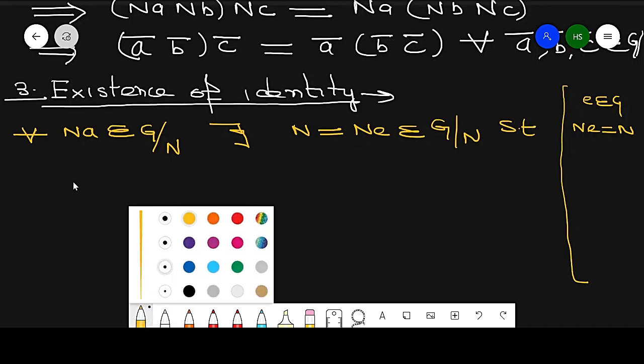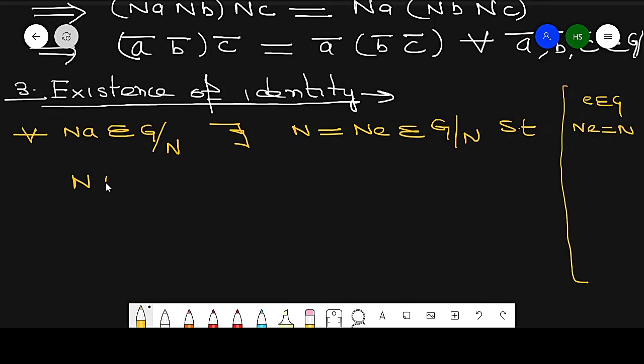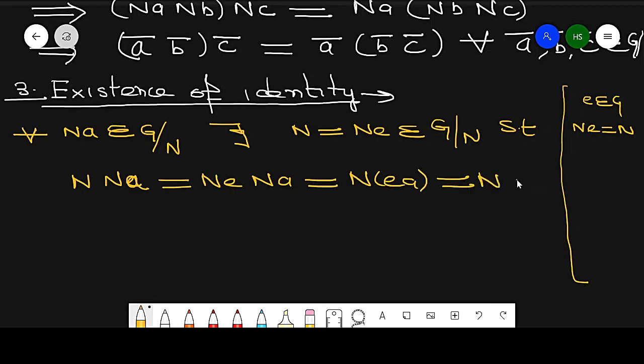When we multiply N into Na, what is its value? This value is Ne Na, which is N into ea. So what is this? This is Na. So when we multiply on the left-hand side, it is converted to itself. What is identity? That which converts the element to itself.